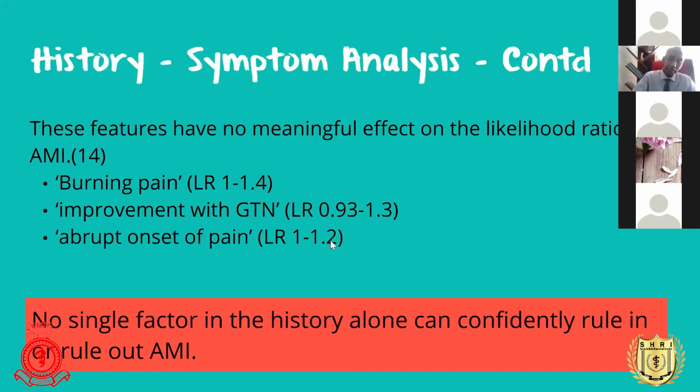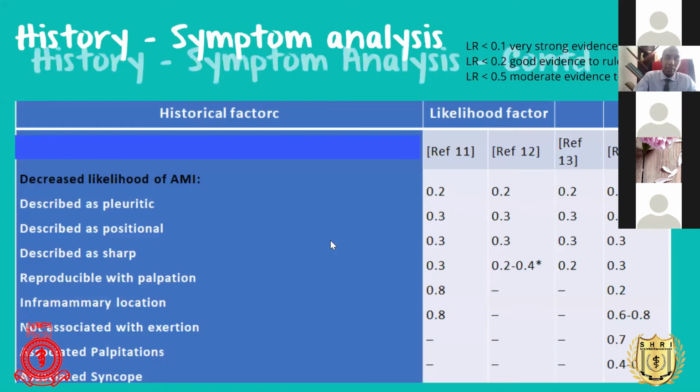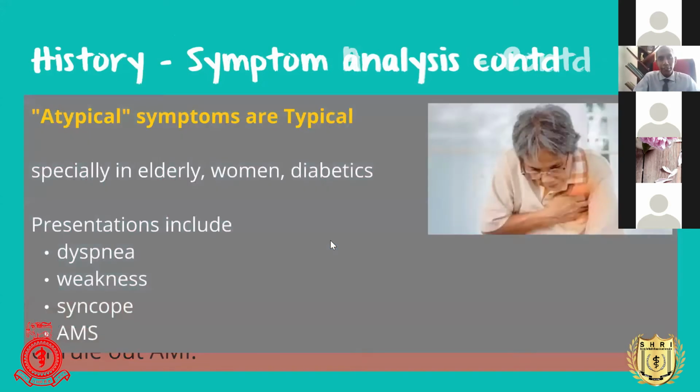But the previous symptoms, you can have some idea, but not 100%. So basically, no single factor in the history alone can confirm or rule out acute myocardial infarction. And as I said, atypical symptoms are typical, especially in women, in the elderly, in diabetics. You can see lots of atypical presentations.